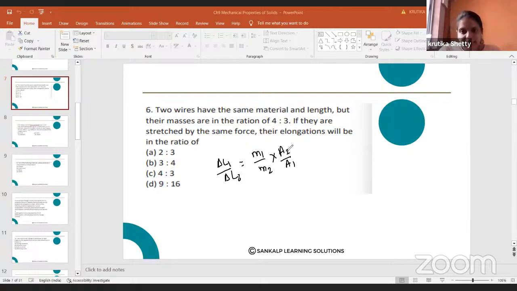Because look here, for the area, we consider density is equal to mass by volume, right? Density is equal to mass by volume. Therefore volume can be written as area into length. So mass is proportional to area, it comes from this relation. So according to that, simply, it is 3:4.